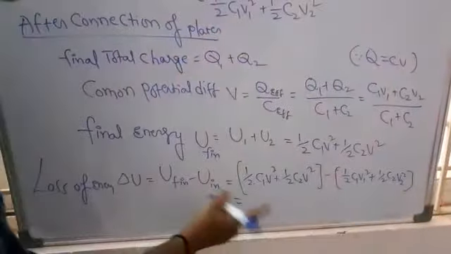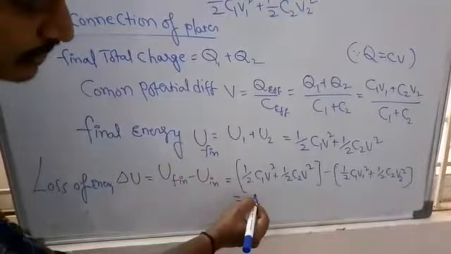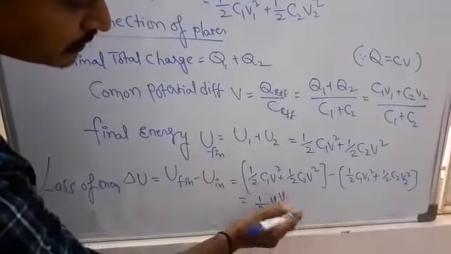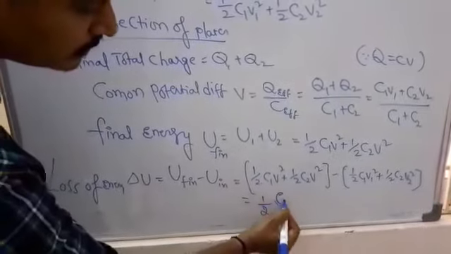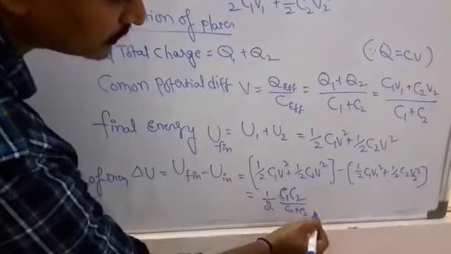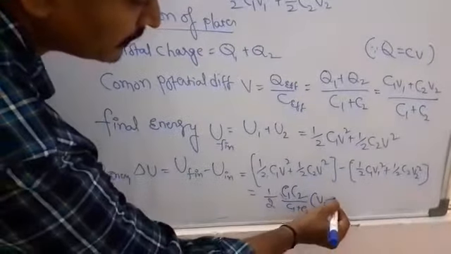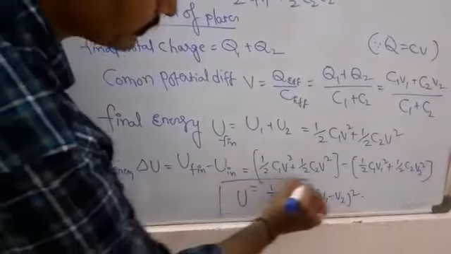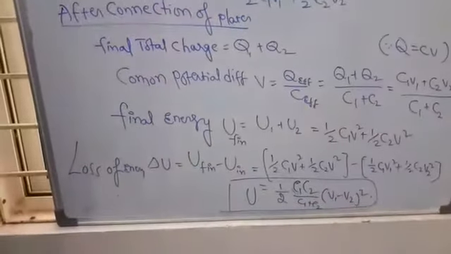After simplifying this equation, we get the final result: C1 C2 by C1 plus C2 into V1 minus V2 whole square. This is the loss of energy.